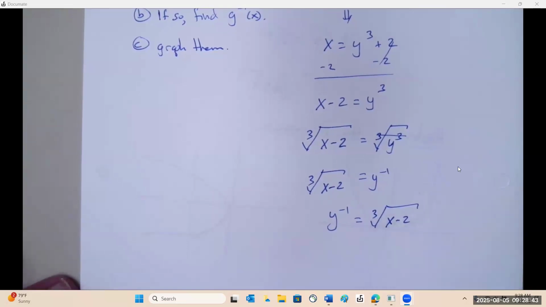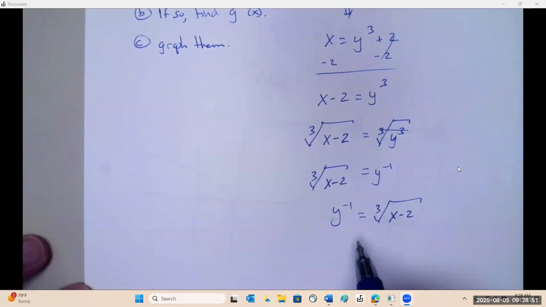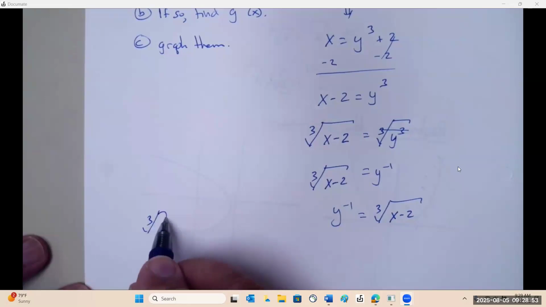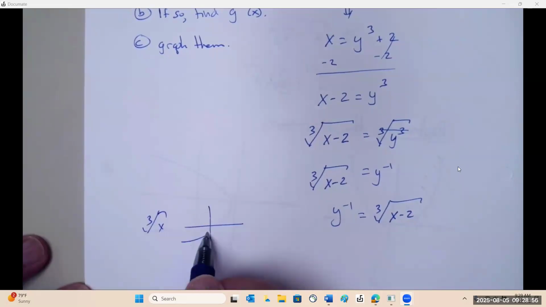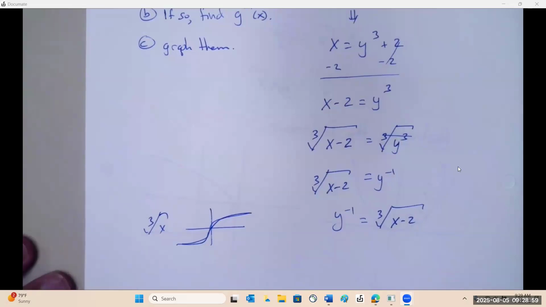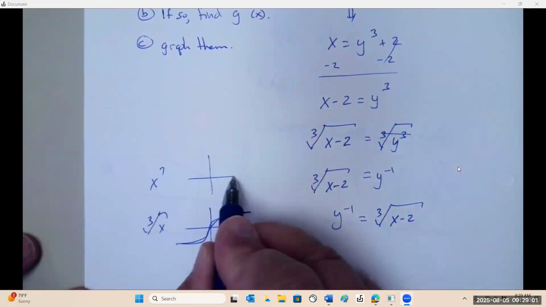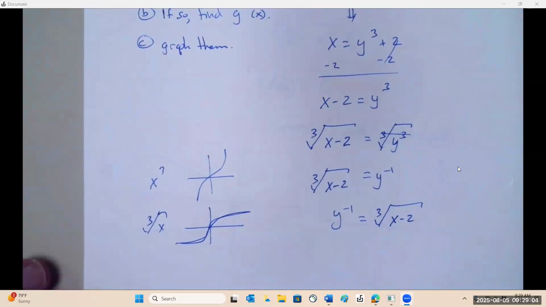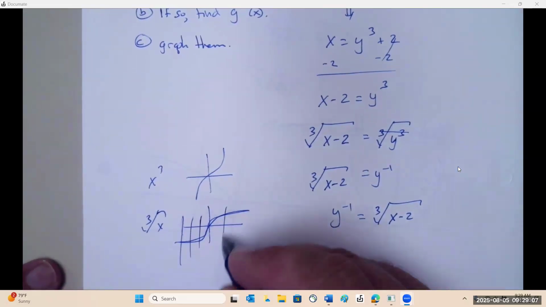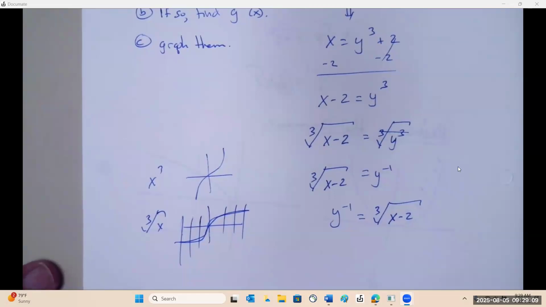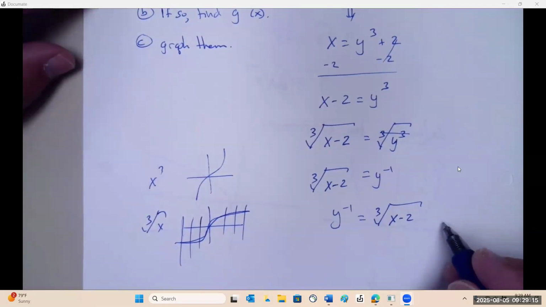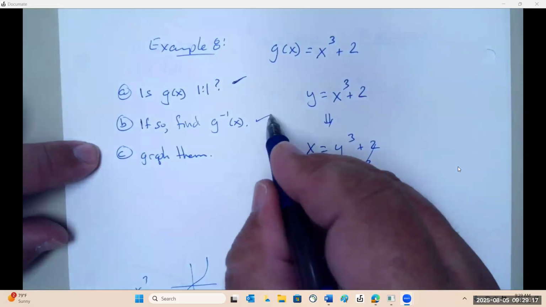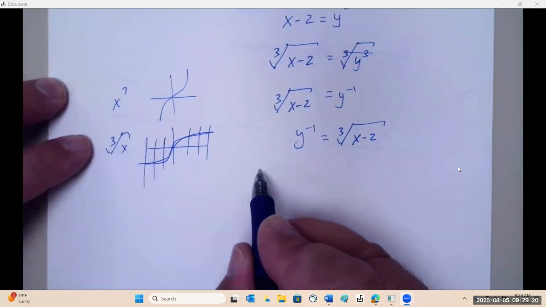What's the graph of a cube root function look like? The cubic function looks like this. And you see that's a function because it passes the vertical line test, which is also why we don't need a plus or minus in front of it. So it is one-to-one, check. I found it. Now we graph them.